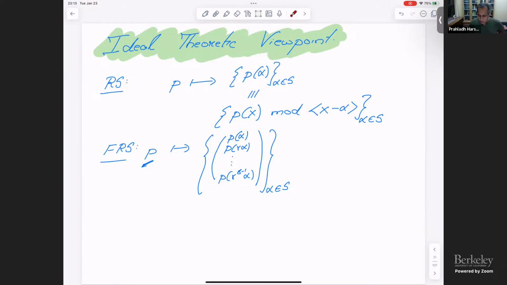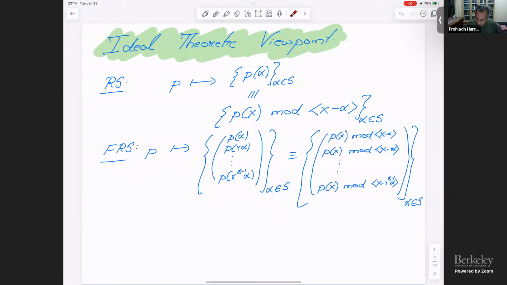In particular, we're going to bundle up the points P of alpha, P of gamma alpha, up to P of gamma to the S minus 1 alpha all together and give it as a symbol from a large alphabet. Now, if we take this ideal theoretic point of view, what we are giving here is the polynomial P of x mod x minus alpha, the polynomial P of x mod x minus gamma alpha, and so on up to the polynomial P of x mod x minus gamma to the S minus 1 alpha.